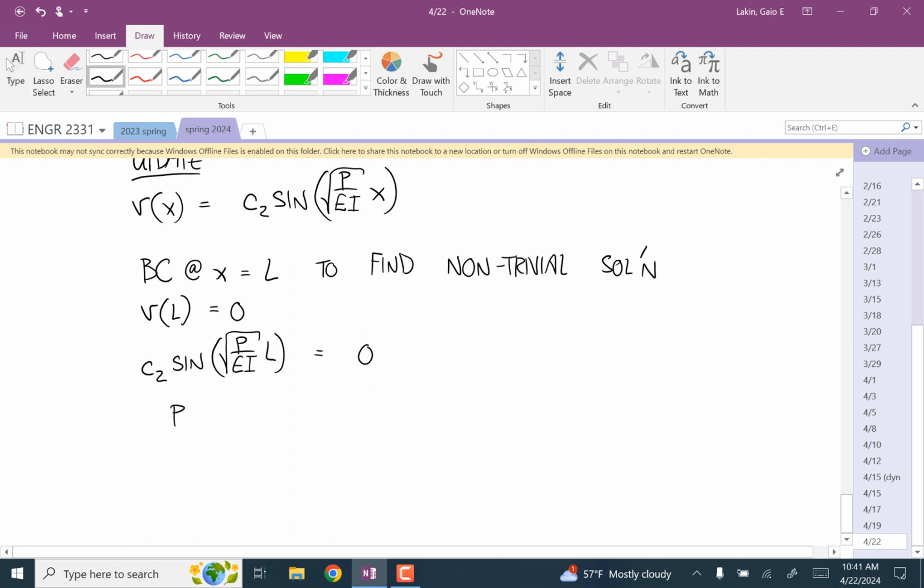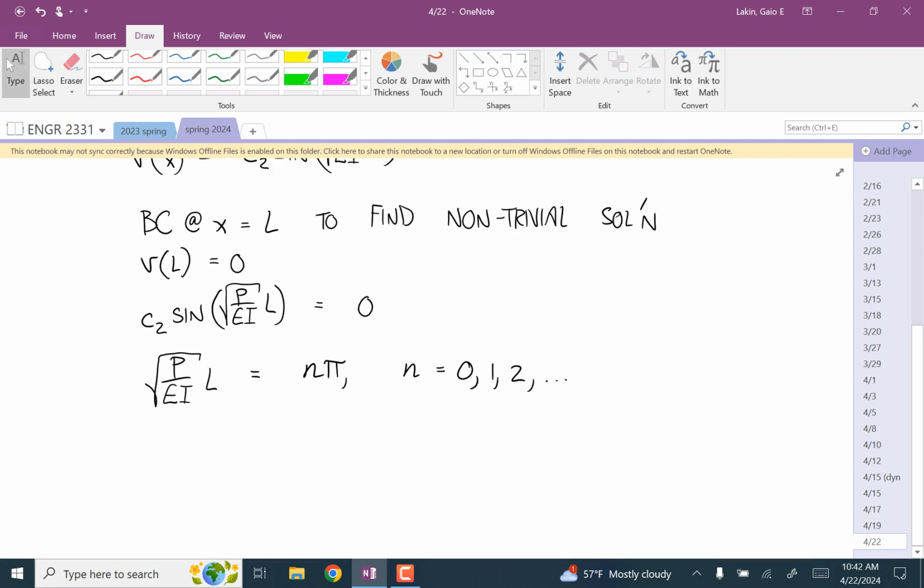So we have that the argument of the sine, square root of P over EI, times L has to be equal to n pi for n equal to 0, 1, 2, and so on.